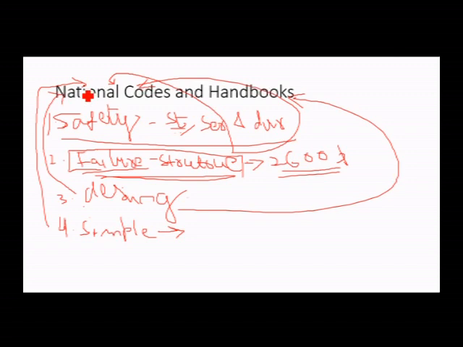The National Building Codes are periodically revised, which reflects the improvements in the quality of material and design practice evolved as a result of comprehensive research investigation conducted in various institutions in the country and abroad.